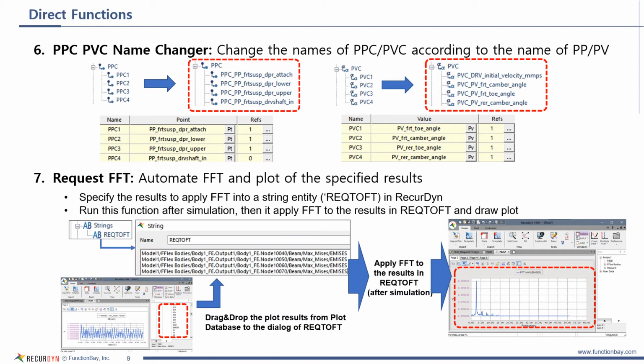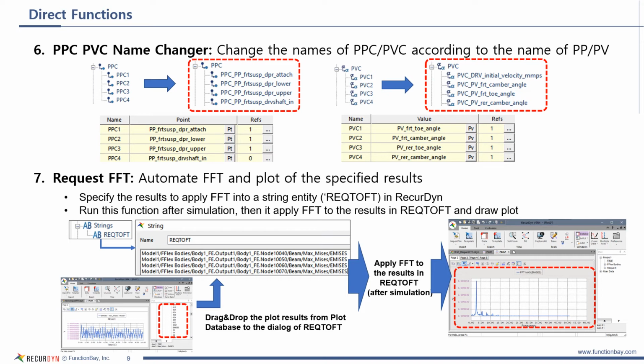The seventh feature is Request FFT. This function directly transforms the analysis result specified by the user using FFT and displays it in the plot window. To use it, create a string entity with the name REQ2FT.